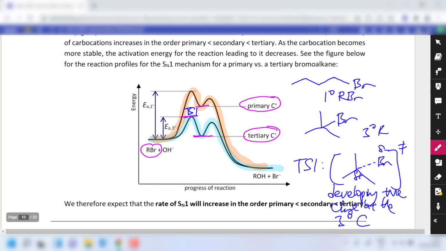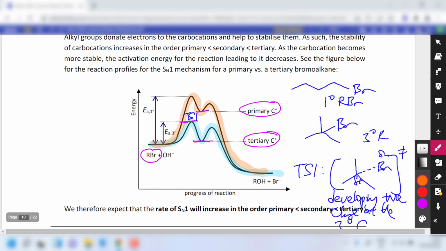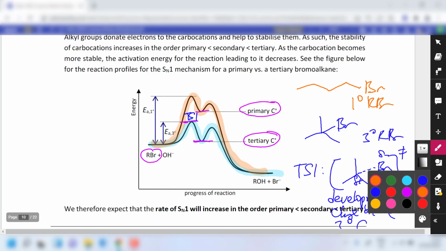Okay, then I'm going to do the same thing to the primary substrate. Maybe I should erase this. I will write it in another colored ink so that you are not so confused. Okay, so this is primary RBr. Then I'm just going to call this TS1 as well.